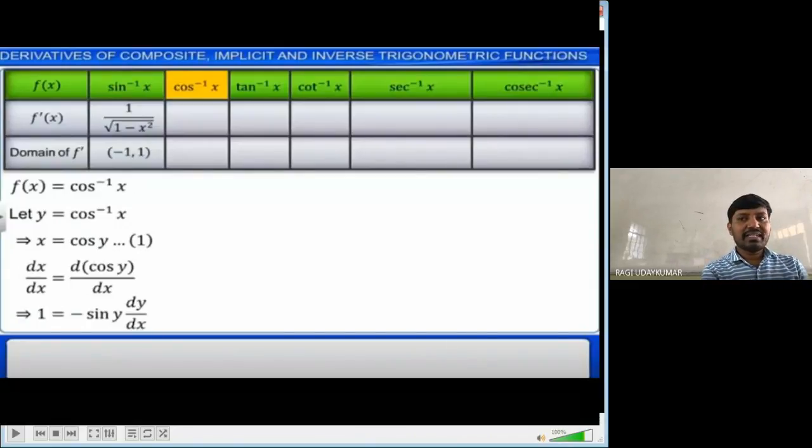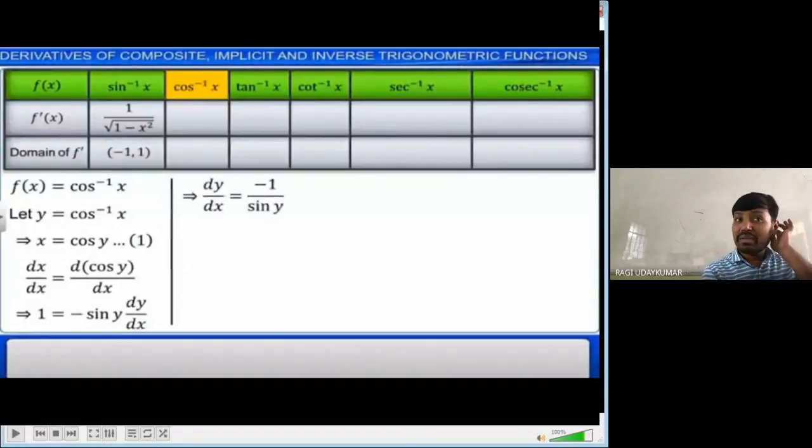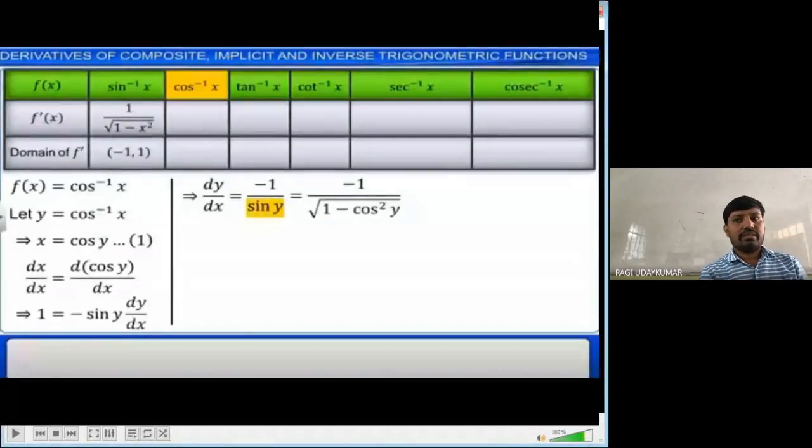Sin y can be written as under root of 1 minus cos square y, that is 1 minus x square. So with the same process, we are going to get minus 1 by under root of 1 minus x square as the derivative of cos inverse x.